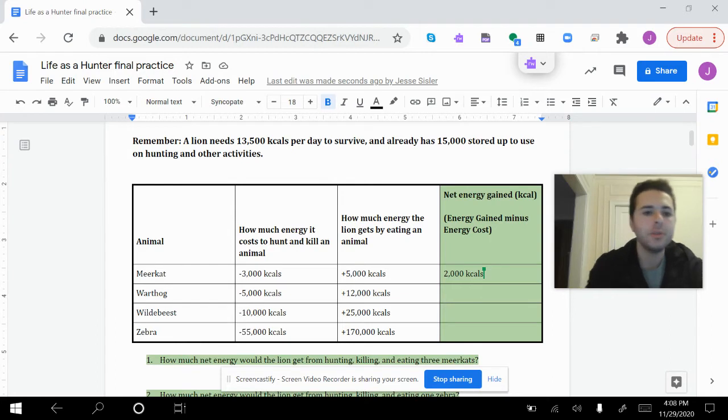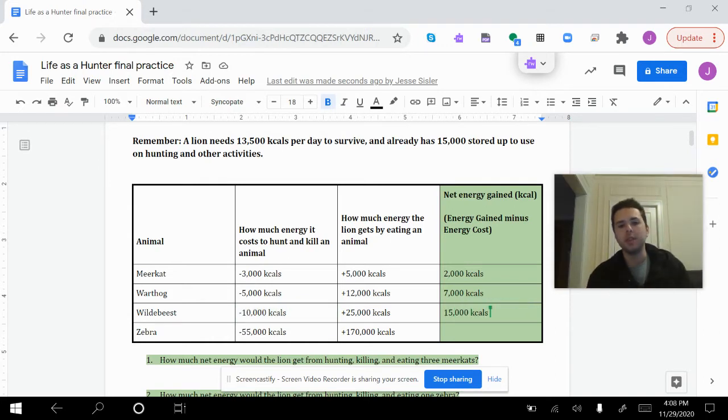And as a review, a lion needs 13,500 kcals per day to survive. So for the warthog, you would get 12,000 minus 5,000, which would give us 7,000 kcals. For a wildebeest, we would get 25,000 minus 10,000, which would give us 15,000 kcals.